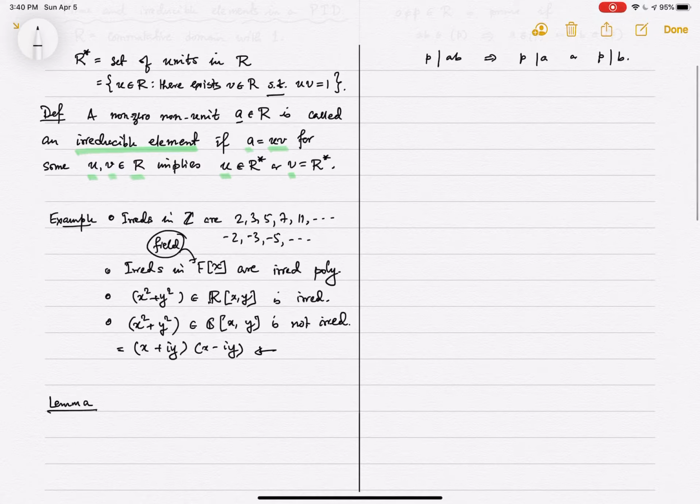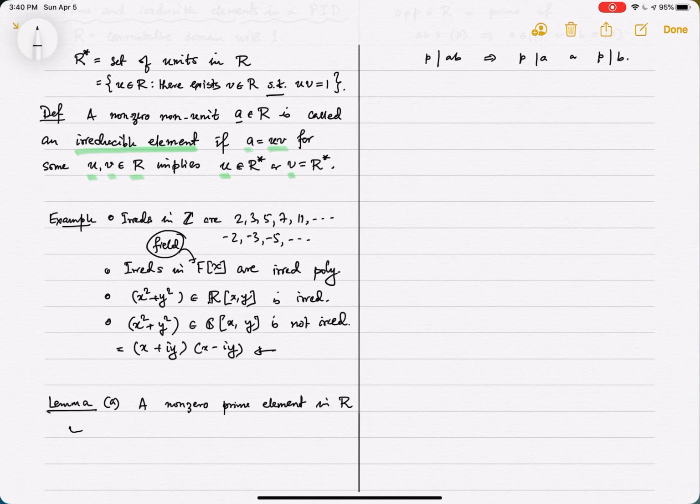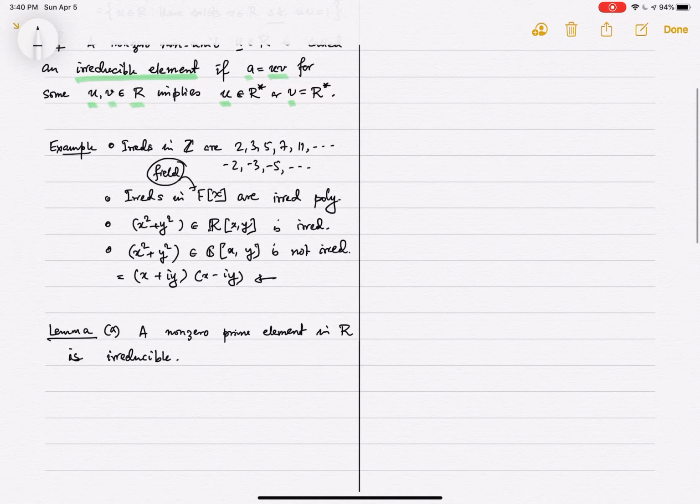So here's the lemma. A non-zero prime element. I don't know if I have to say non-zero. Probably prime elements were defined to be non-zero. A prime element in R is always irreducible. So prime elements are always irreducible.